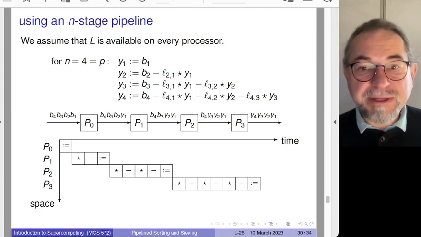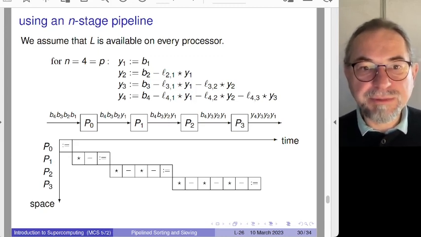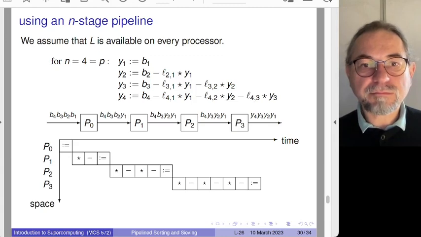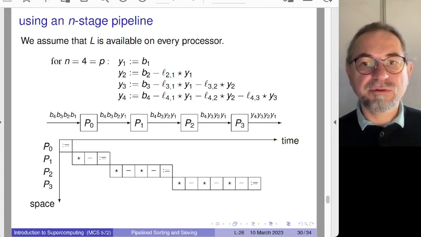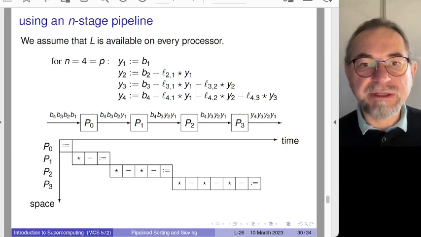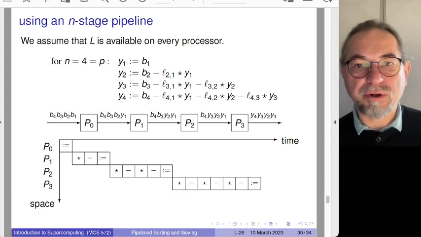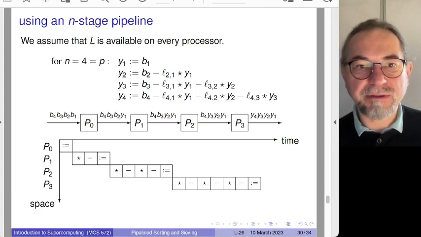So with this space-time diagram, there is obviously no parallelism and no speedup possible. But the key is to rearrange the movement of the data. So the y1 can be passed through all the processors in the pipeline.